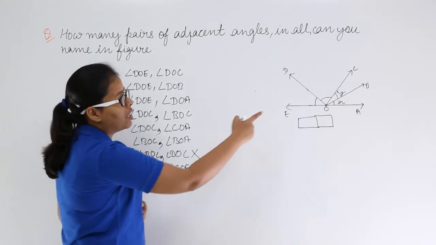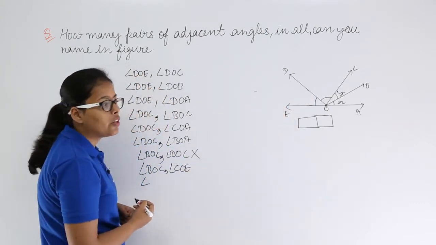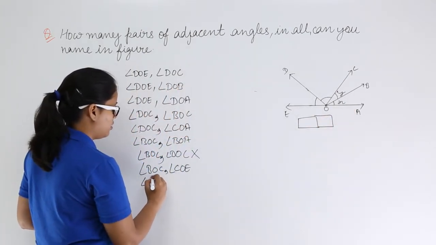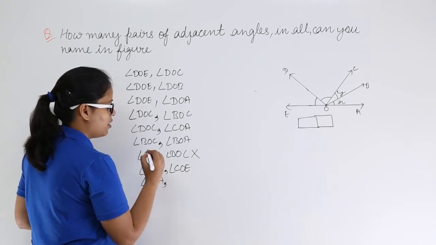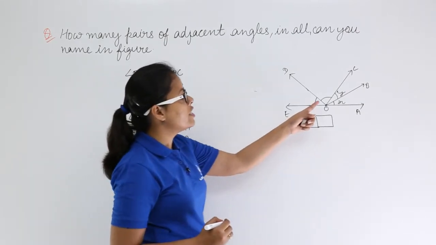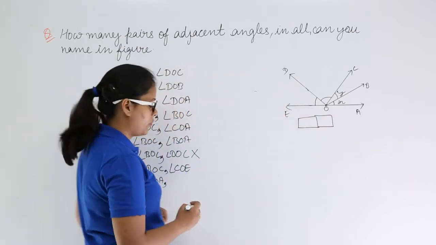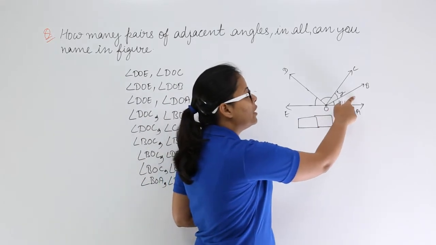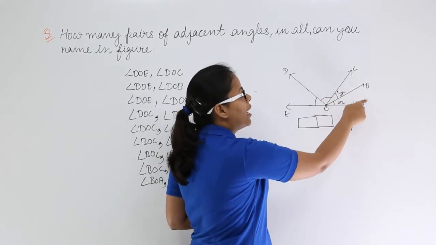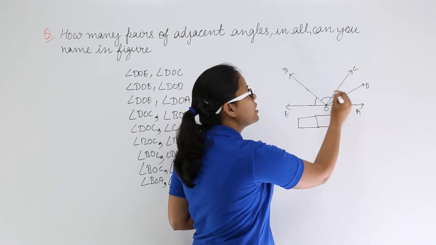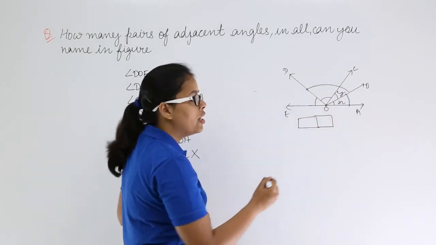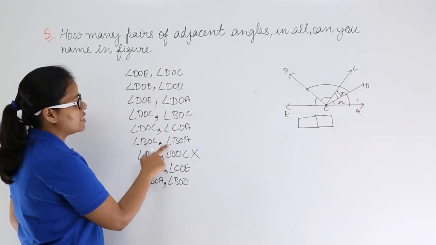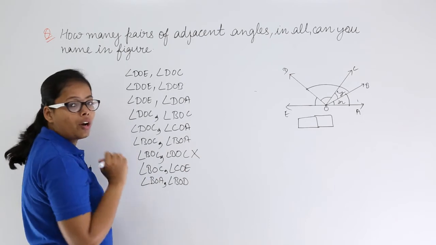So now let's consider another angle, angle BOA. Angle BOA is adjacent with angle BOC, but we have already included this case, so I am not writing it again.